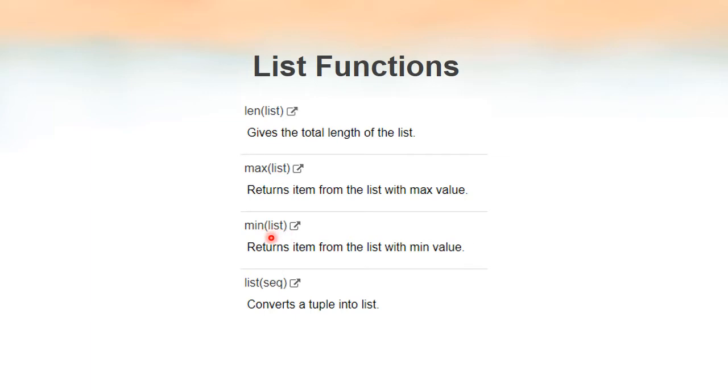Similarly, min(list) finds the minimum element inside the list. And if you want to convert a tuple into a list, we know the difference between a tuple and a list, they are entirely different. So if you have a tuple and you want to convert that into a list, we can make use of list(seq). Here seq is the tuple name that we are giving as the parameter, and this method will convert this seq into a list.